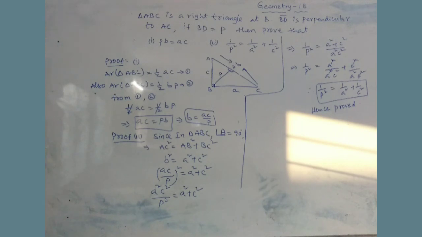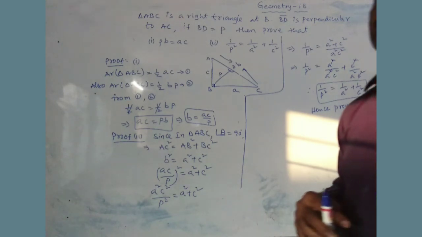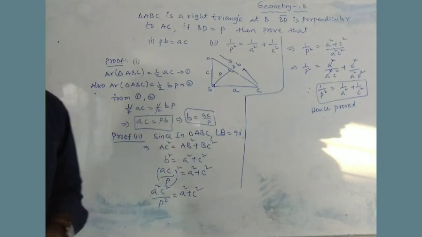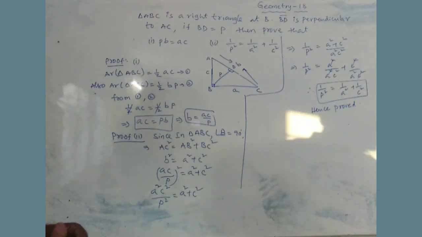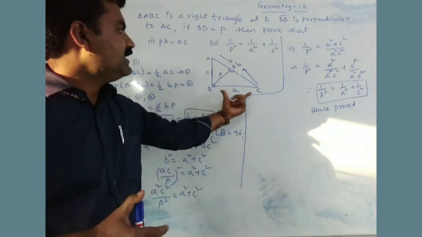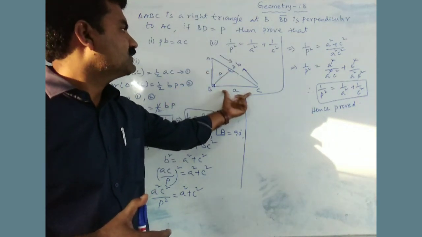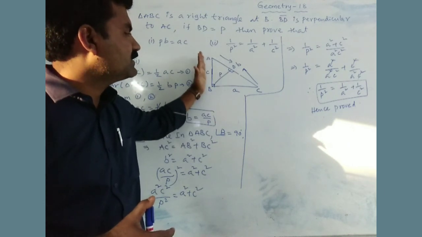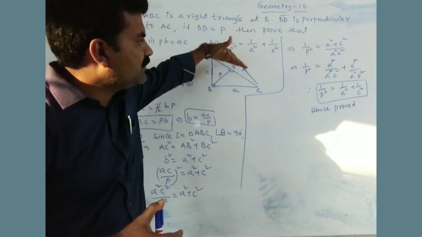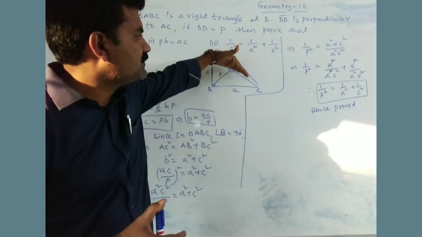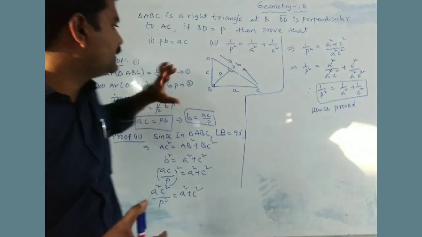So very simple. First part is just based on area of a right angle triangle, which is very simple, half into base into height. So in one case we can treat BC as a base, then AB is the height. In another case we can also treat AC as a base, then BD is the height.